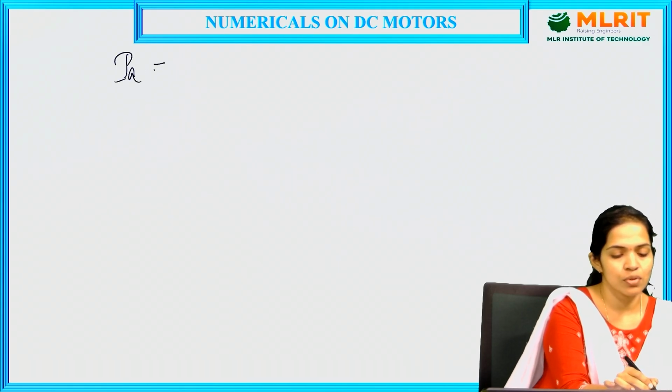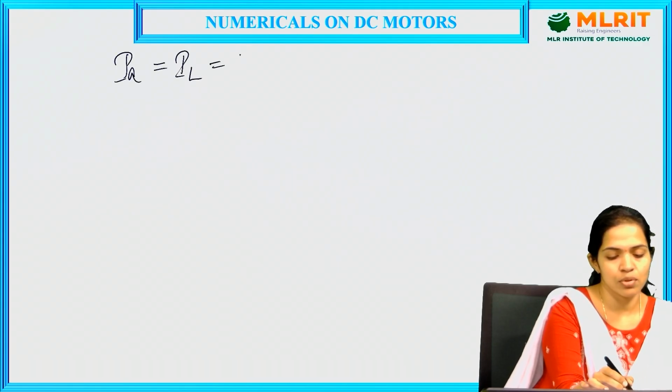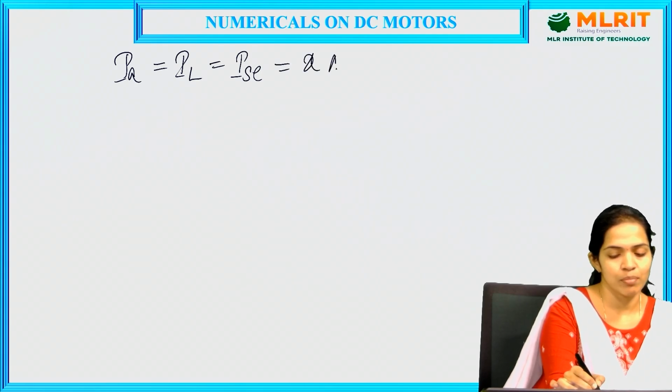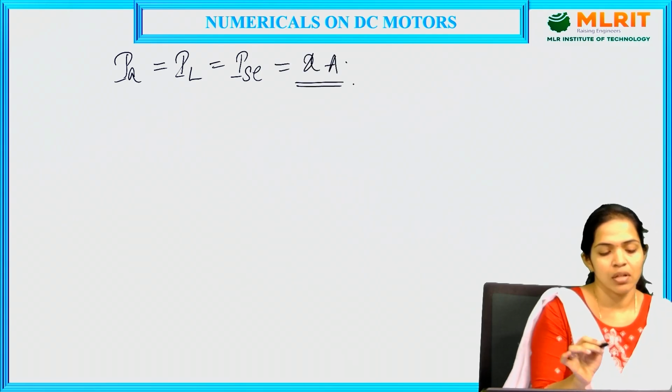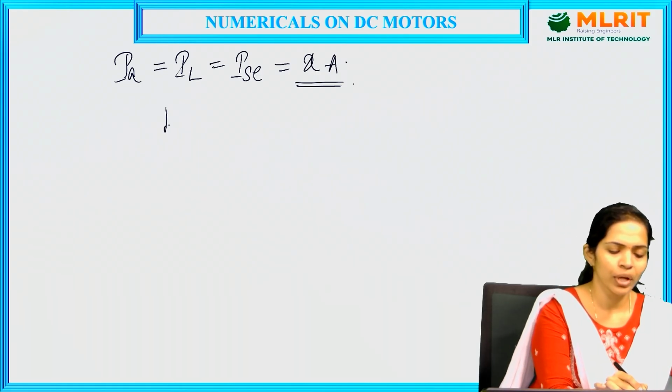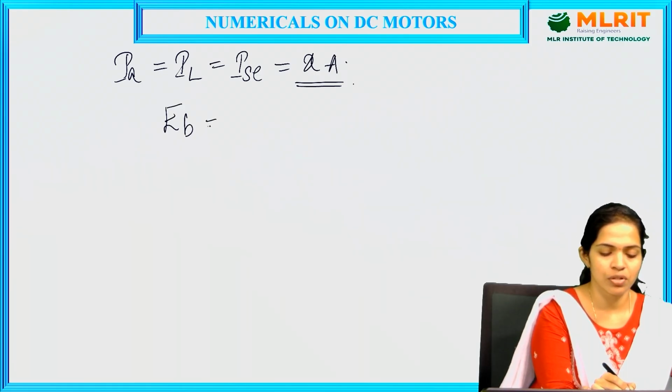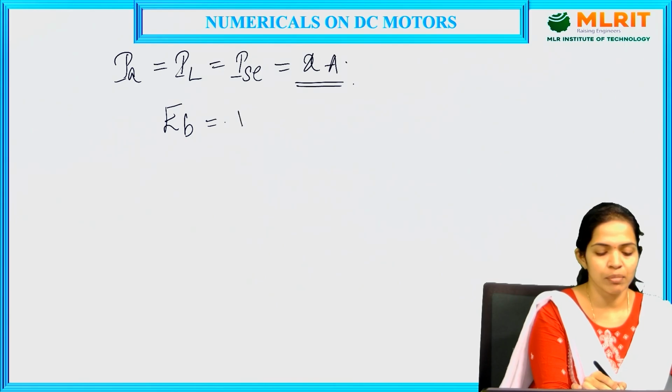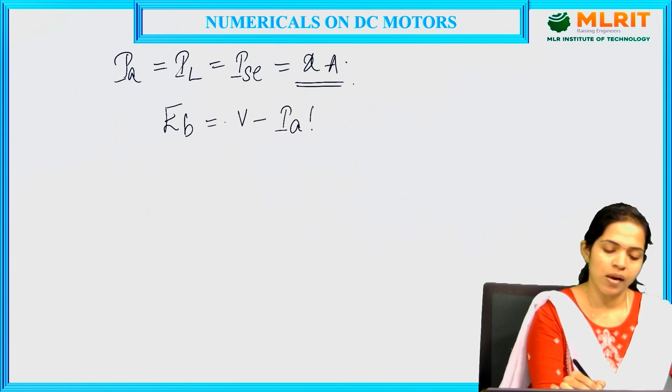So we know that IA is equal to IL, which is equal to ISE. So now we got it as X amperes from the previous case. So now he is asking us to find out the speed. To calculate the speed, we need to first write the back EMF, which is nothing but V minus IA into (RA plus RSE) for a series motor.